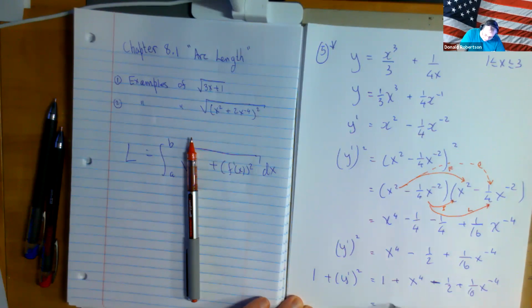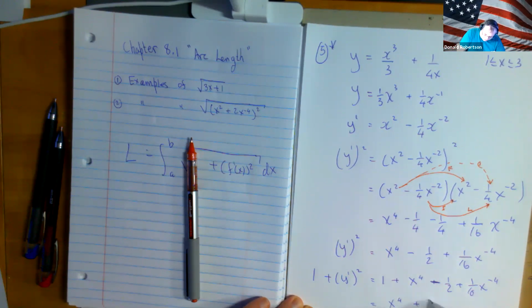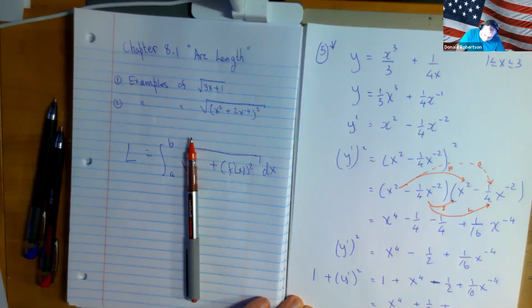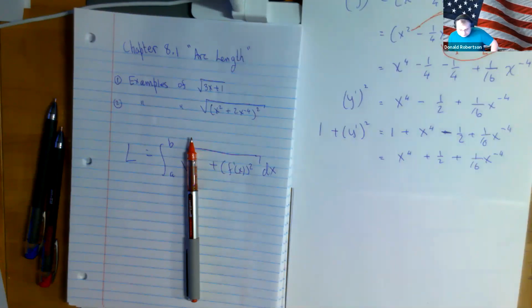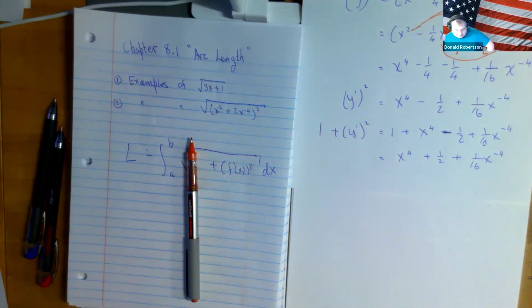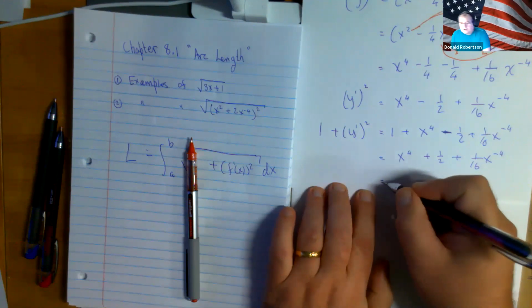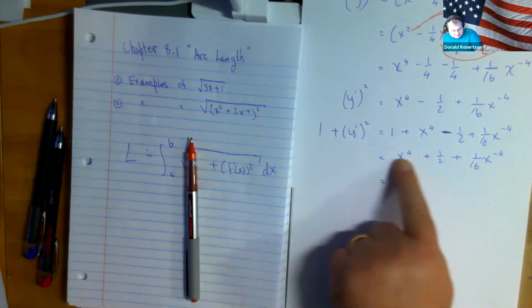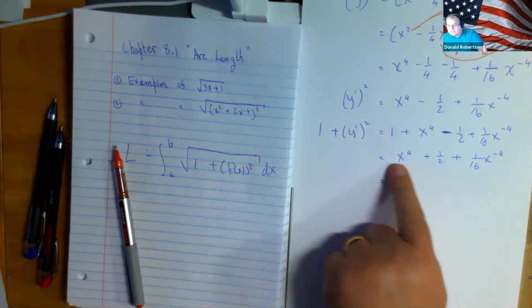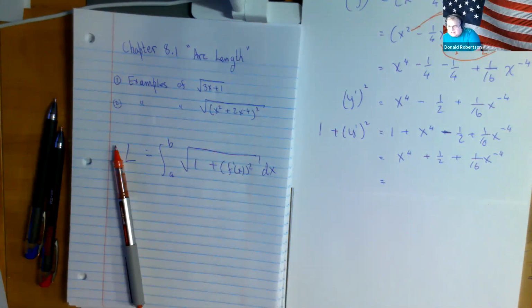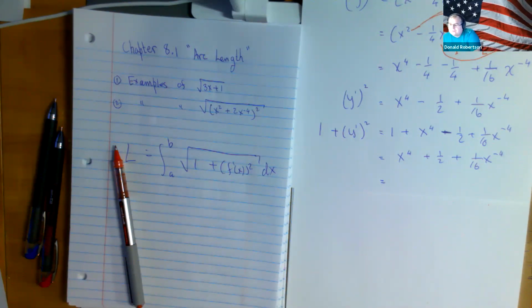And that gets me x to the 4 plus 1/2 plus 1/16 x to the negative 4. Do you recognise these 3 guys are going to be the guys that end up inside the square root? Do you also recognise there's 3 of them? And what did I say? If the square root had 3 things in it, I said it must be a perfect square, or else you ain't going to go anywhere.